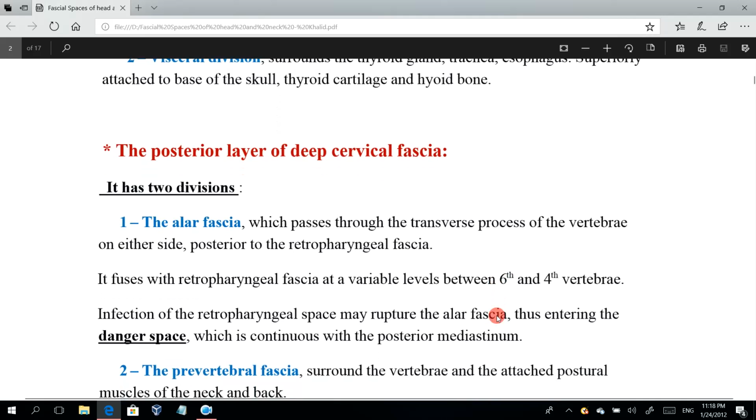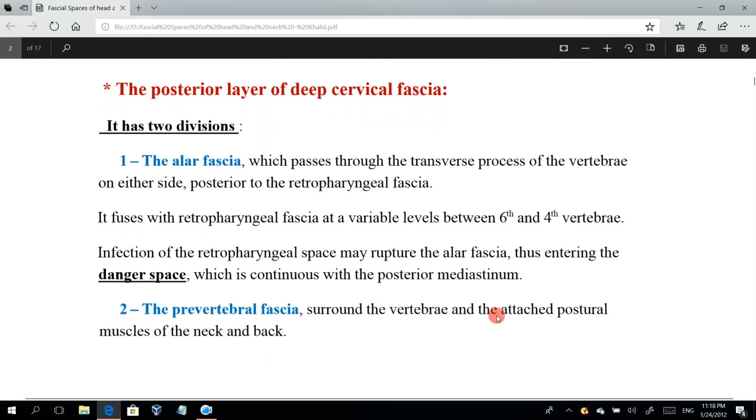The posterior layer of this cervical fascia, which is called the prevertebral fascia, is also divided into two divisions. The first division is called the alar fascia. This alar fascia passes through the transverse processes of the vertebrae.